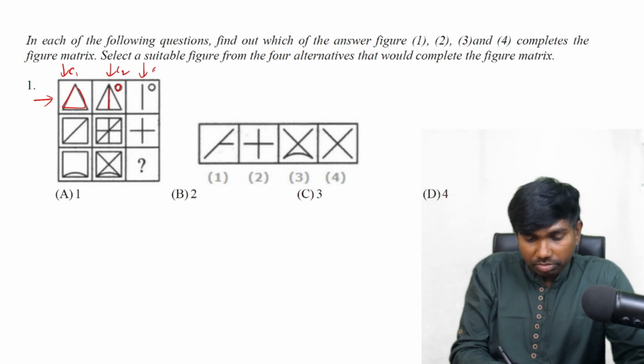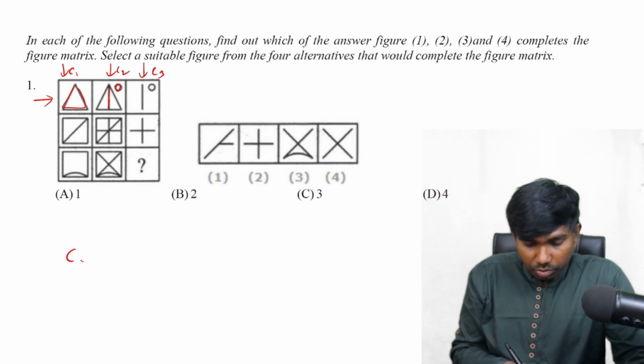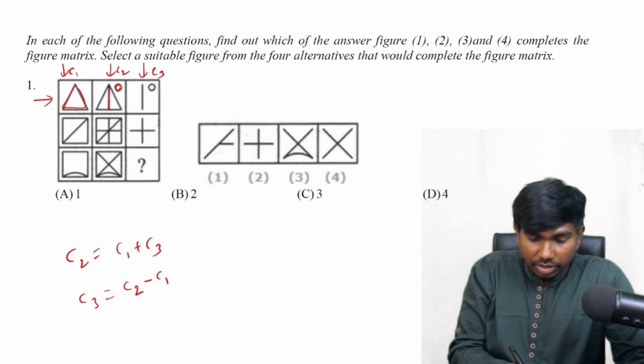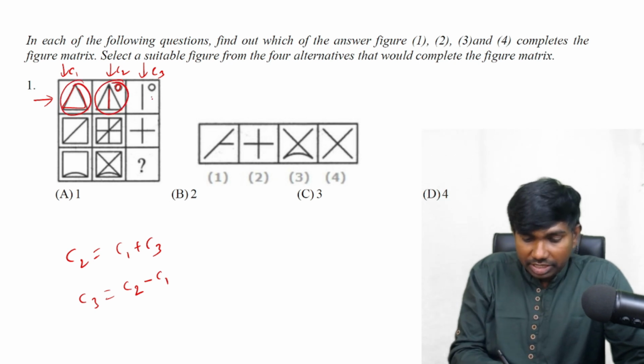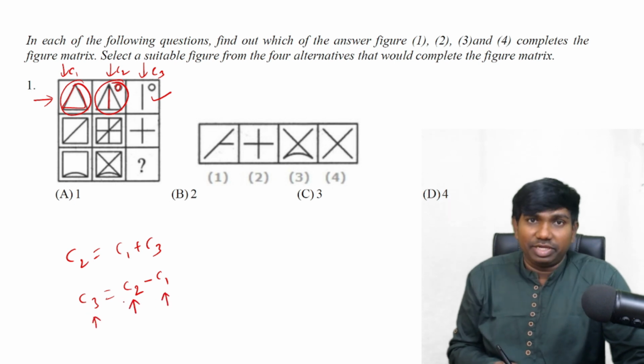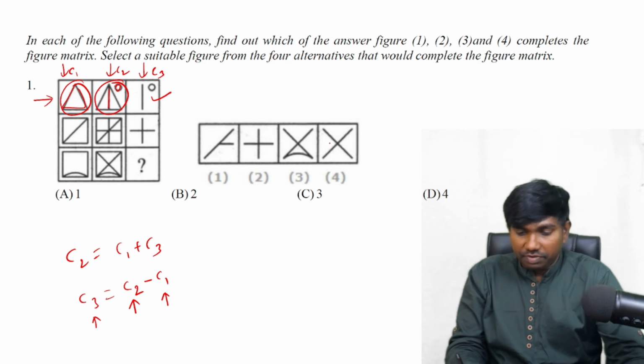Column 2 equals column 1 plus column 3, or column 3 equals column 2 minus column 1. From the column 2 figure, if you remove the column 1 figure, you will get the column 3 figure. So this is the logic for this question.